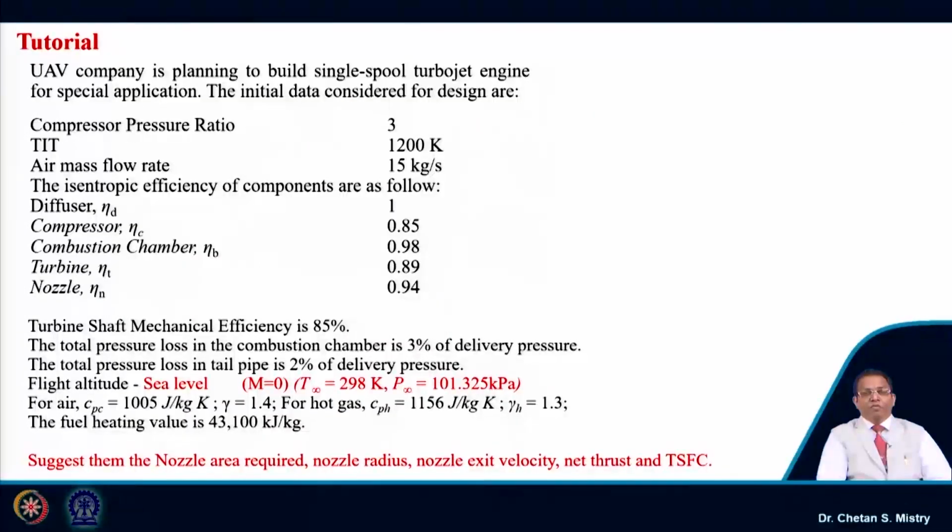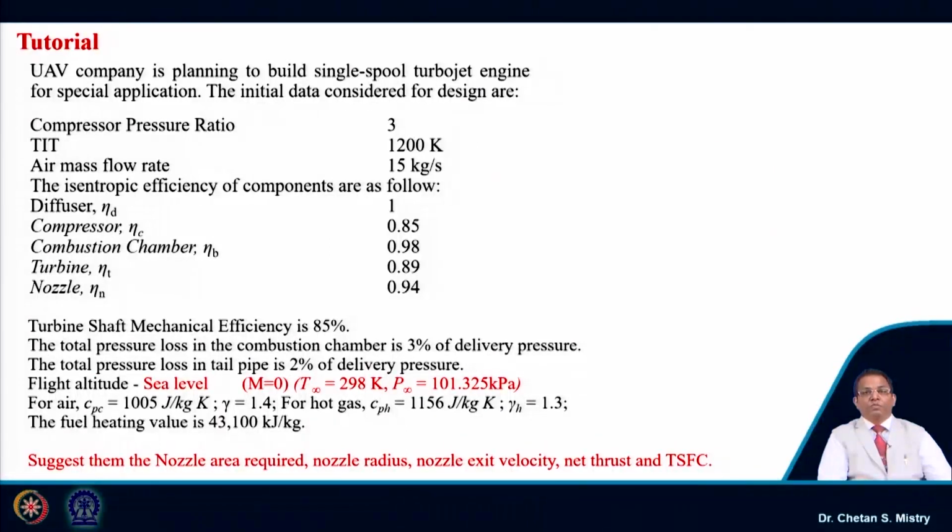The calorific value of the fuel is given as 43,100 kilojoule per kg, and we are asked to suggest the nozzle area required, nozzle radius, nozzle exit velocity, net thrust, thrust specific fuel consumption and efficiencies of this engine.